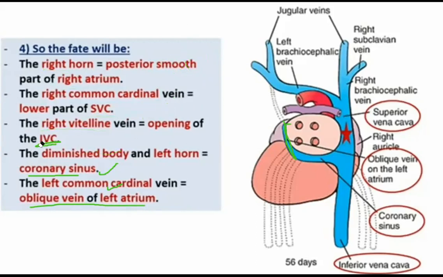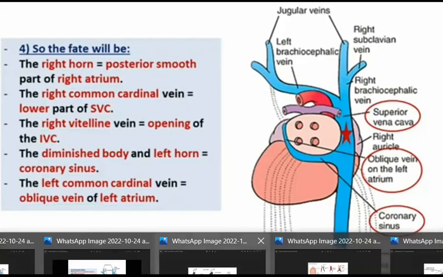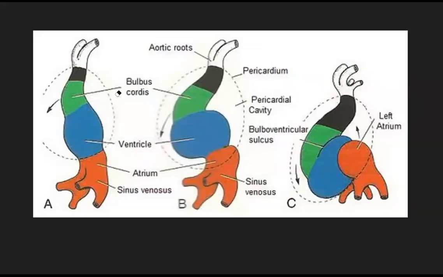Now let's move to another diagram, which is this one. Now here you can see the horns also. Now this is the right horn. This is the left horn. Okay, these structures, right and left horn.